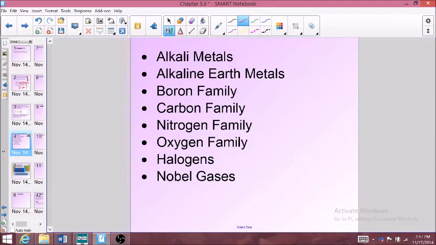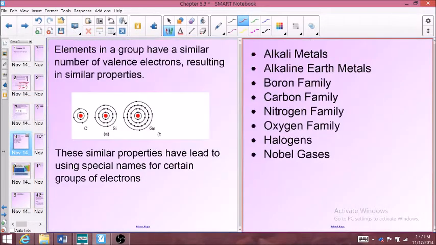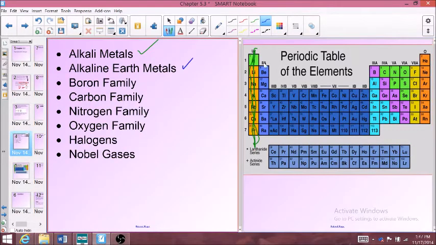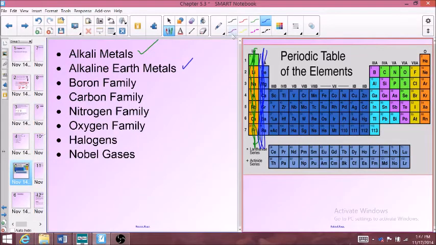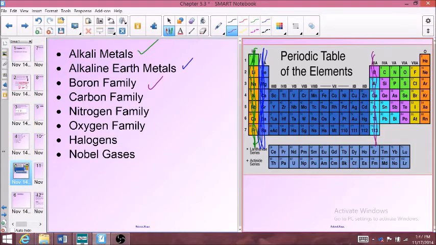So let me show you where each of these things are located. If I do the dual page display here, we'll be able to see alkali metals, which I'm going to do in green, are in the first column, column 1, group 1. Alkaline earths are in group 2, right here. The boron family is over with boron, you guessed it.